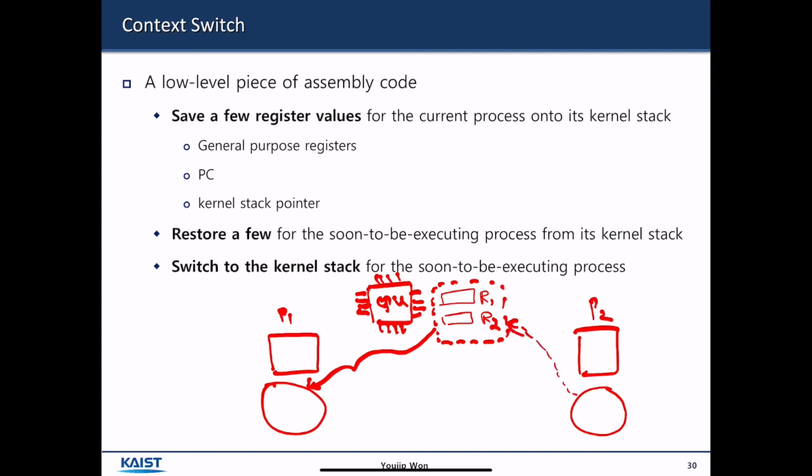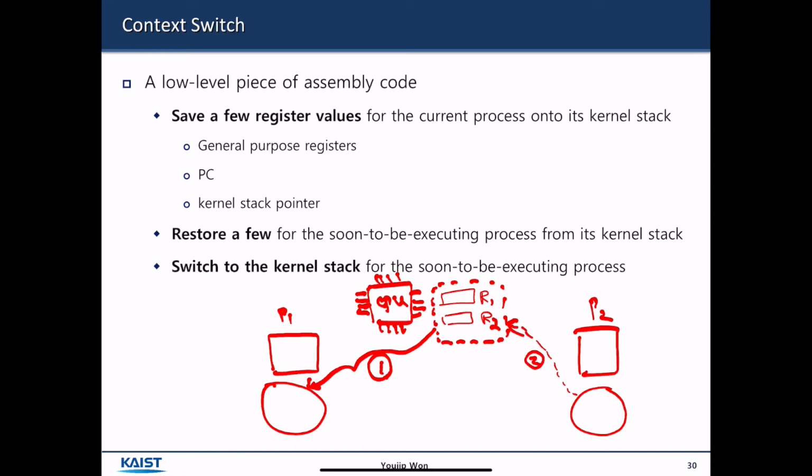Like this, it saved the register values of the currently running process to the address space of P1, and then restored the register values from the stack somewhere in the memory region of the process to the registers. So it is called context switch.